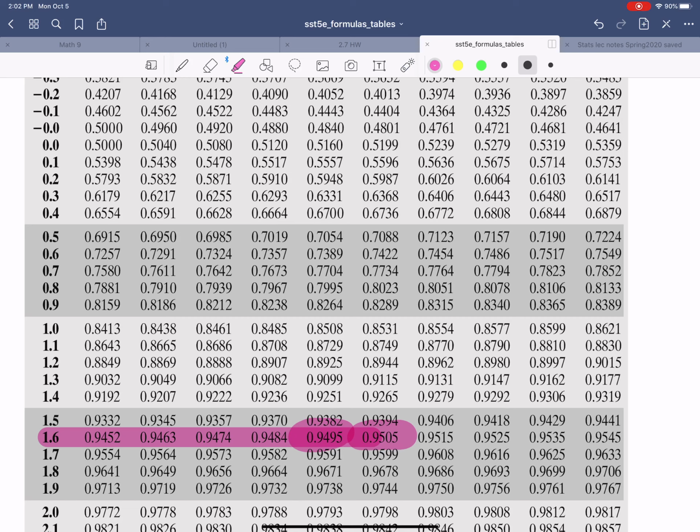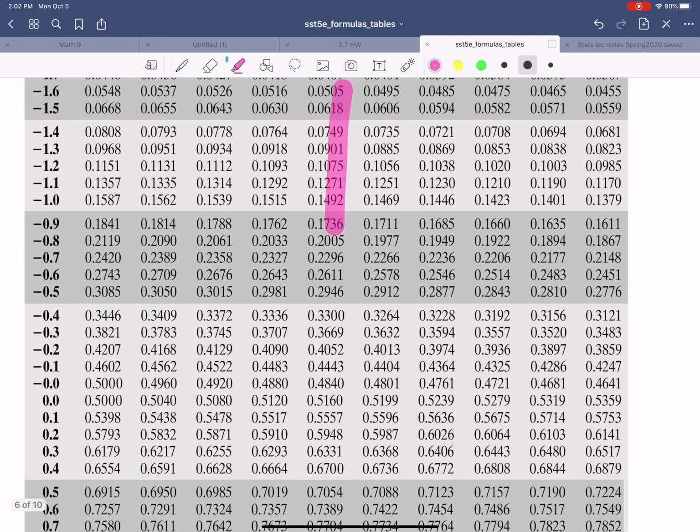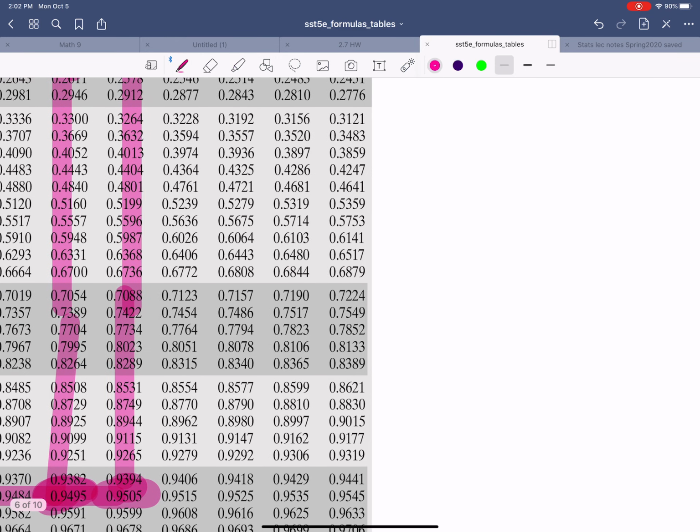What is between 1.64 and 1.65? How do we find the middle of 1.64 and 1.65? We can find the average, because they're in between two values. The z-score will be 1.64 plus 1.65 divided by 2, which turns out to be 1.645.